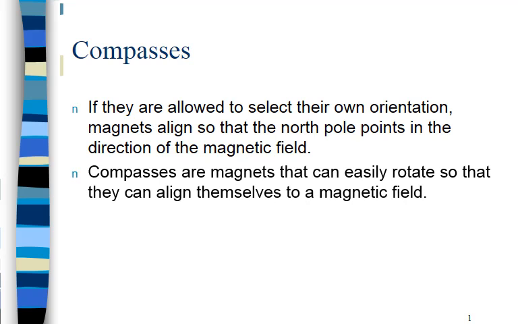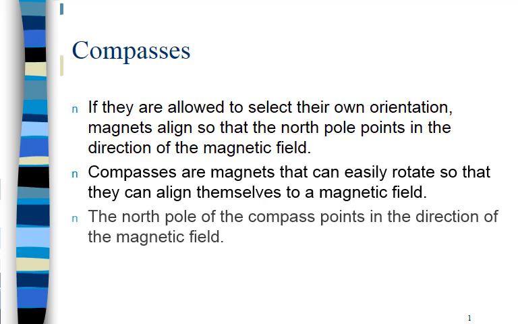And so compasses are themselves magnets, and they're easy to rotate. Some are in fluids, some are just in air. The ones we used in class were just suspended in air. If you look at the picture of the aircraft in the back of our room, that compass in there is filled with white propane.